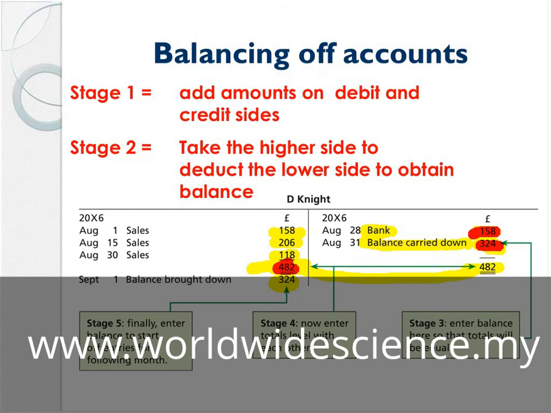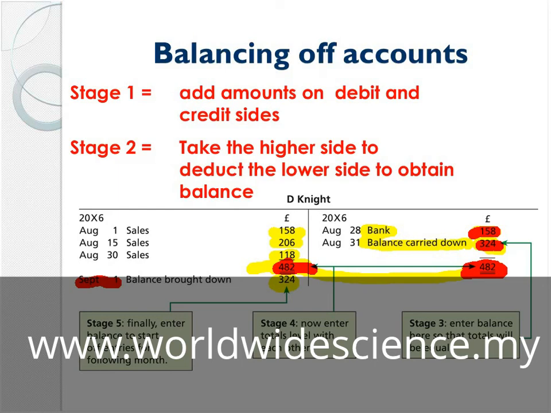After we show the balance carried down, it shows the equation between the right side and the left side. In step number 1, the balance brought down, we show that we have brought down our balance of 324.